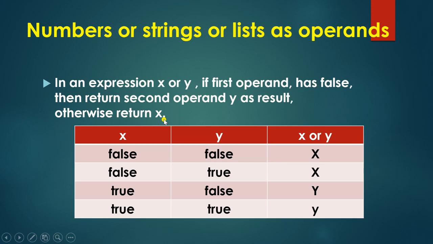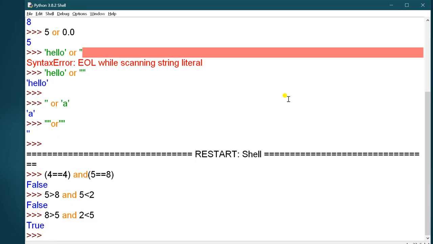So in an expression x and y, if first operand has false, then return first operand x as a result. Okay, here the y will not come here. Here this x will come. X as result. So now check with the help of the Python.